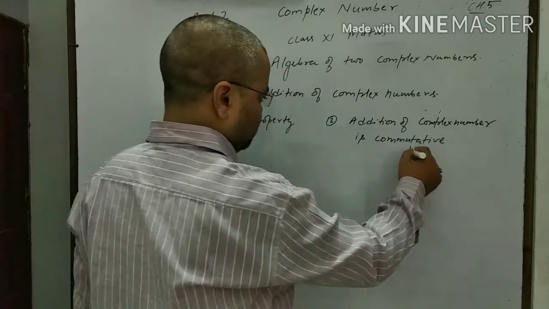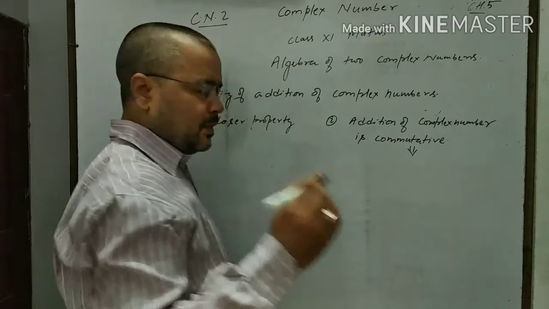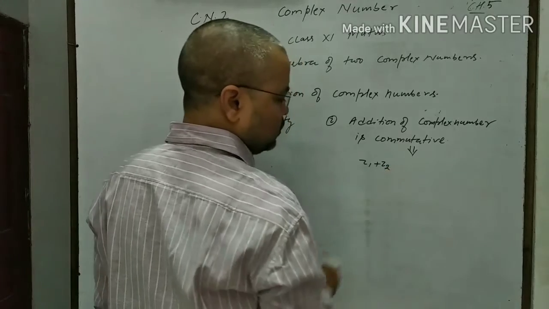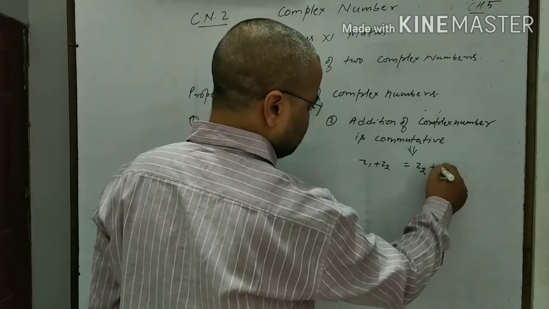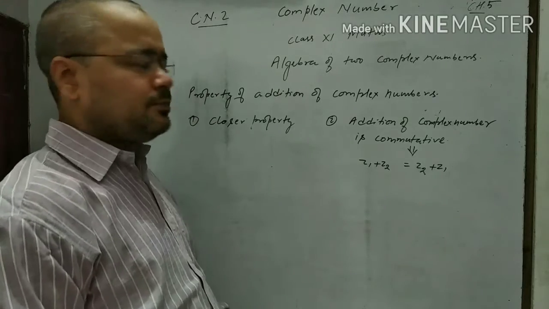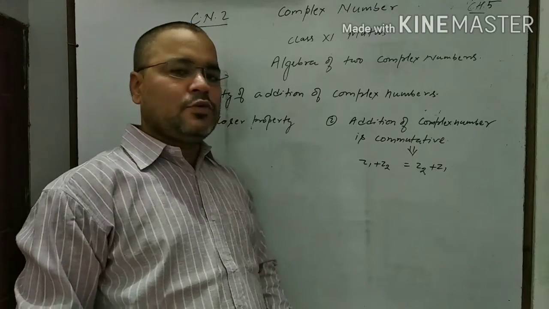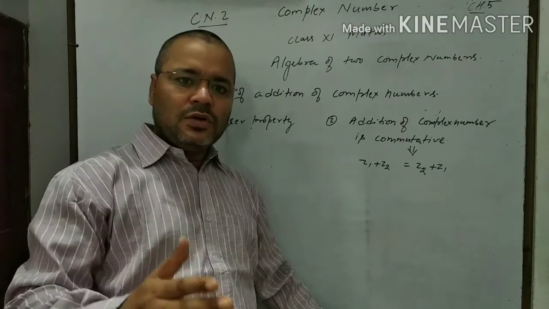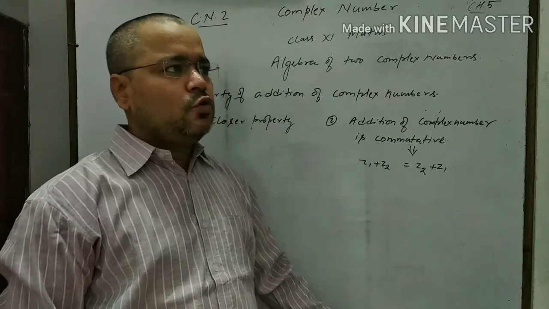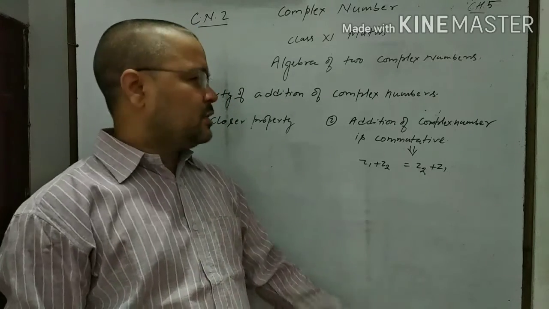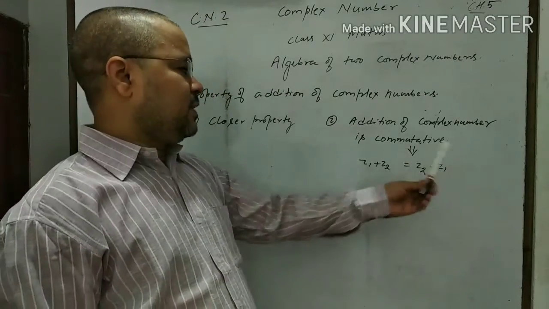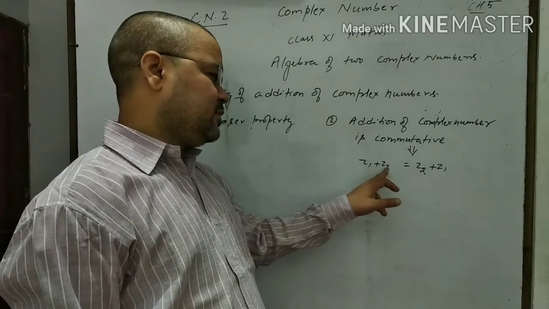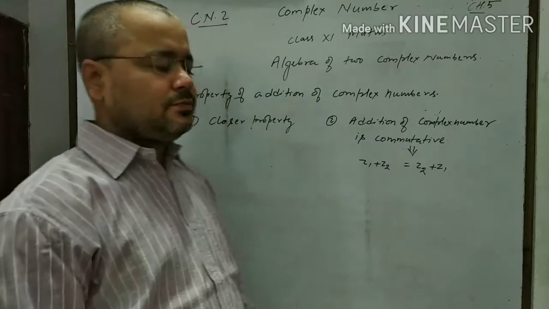It means if we have two complex numbers Z1 and Z2, then Z1 plus Z2 is equal to Z2 plus Z1. Just like the commutative property of addition of natural numbers, 2 plus 3 is equal to 5, and 3 plus 2 is also equal to 5, so 2 plus 3 is equal to 3 plus 2. Similarly here also, if we have two complex numbers Z1 and Z2, then Z1 plus Z2 is equal to Z2 plus Z1.